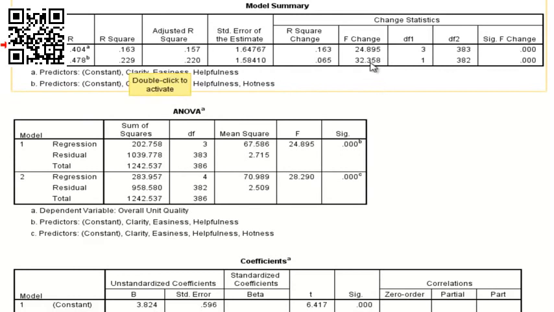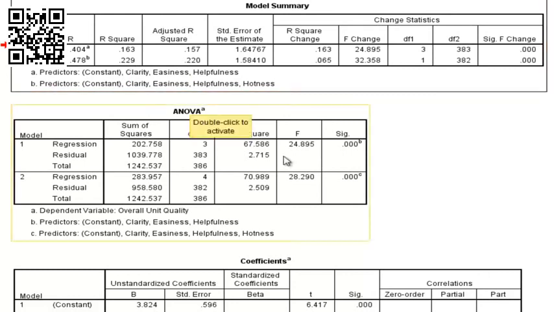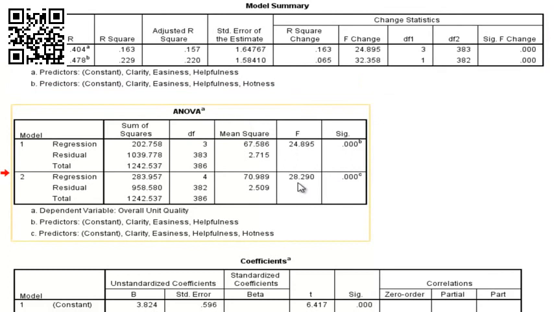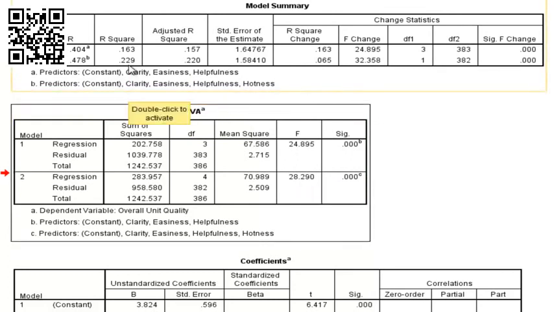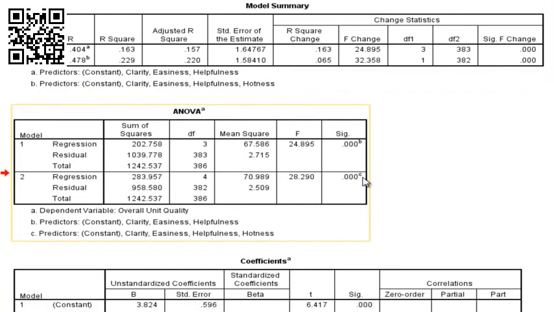This F change value of 32.36 is associated with the R squared change. It's not associated with the overall R squared of the total model. This F value is. This F value corresponds to this R squared value of 22.9% of variance accounted for, and it's statistically significant, p less than 0.001.